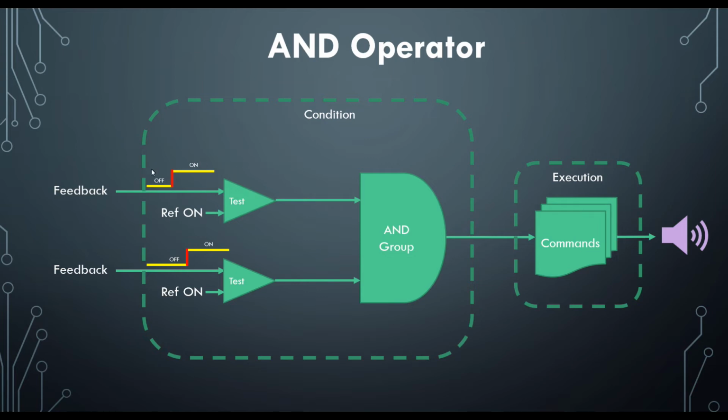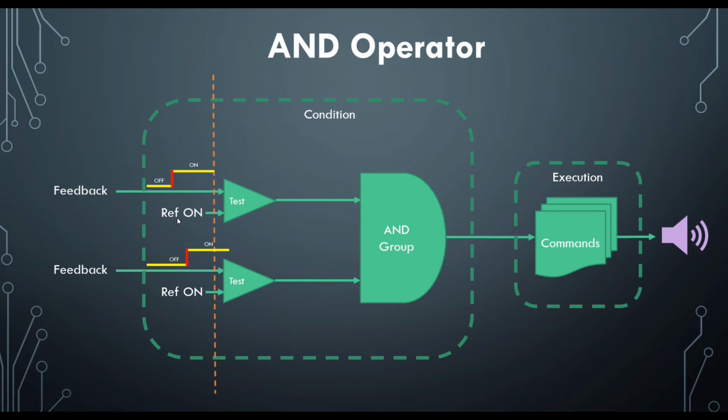Here we are showing two inputs from the feedback sensors, with the waveforms representing their states on the vertical axis, so off and on, versus time on the horizontal axis. Time is travelling in this direction, like this. So this event would be seen first, followed by this event.